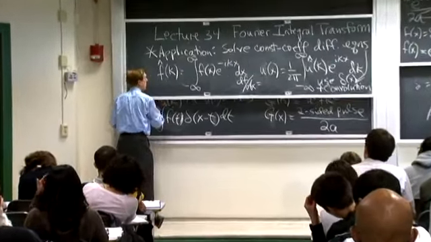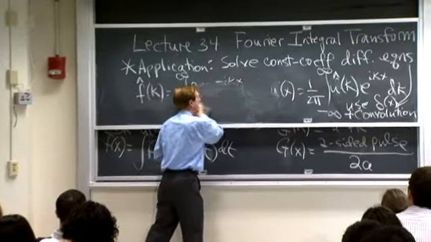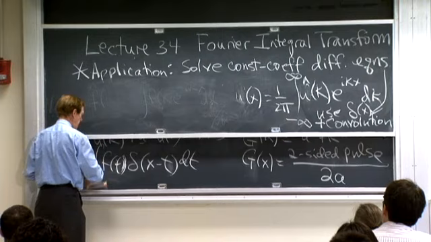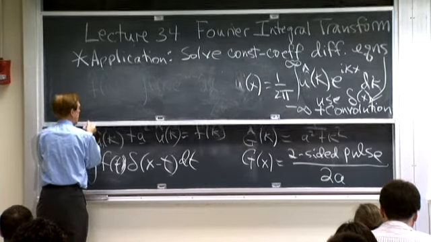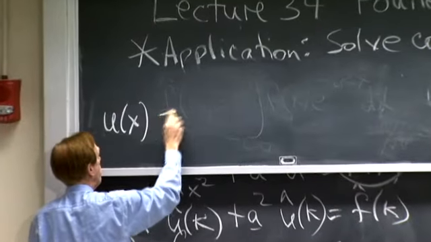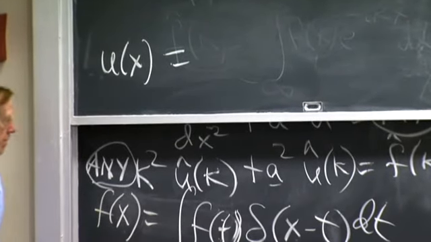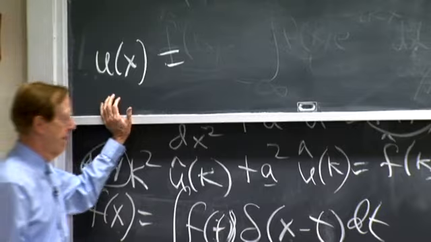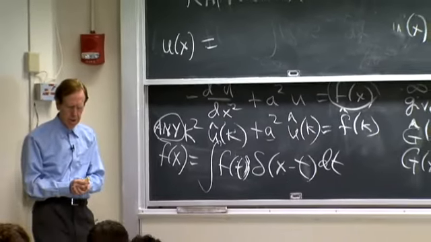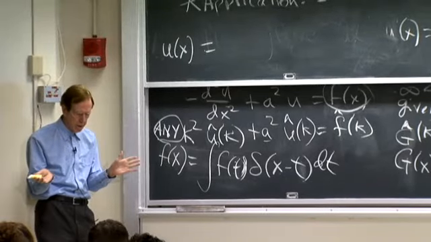Let me just erase here. The point of the whole example now is for you to tell me what's u of x. Can you do it? It's going to come out nicely.